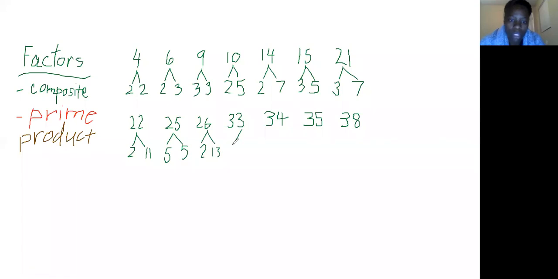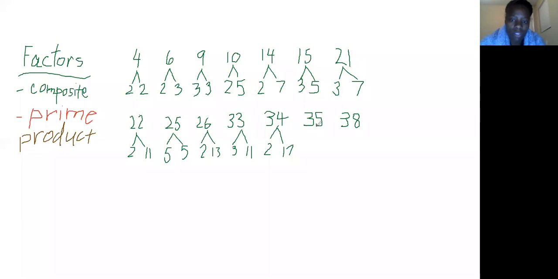The factors of 33 are 3 and 11. The factors of 34 are 2 and 17.